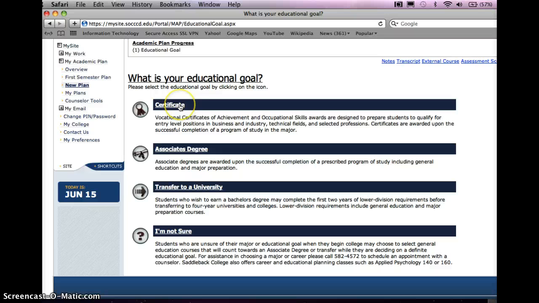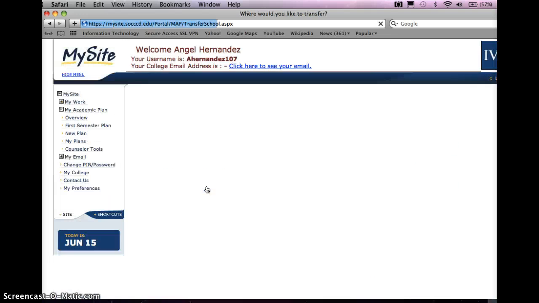One being potentially a certificate, one being an associate degree, another one being transfer to a university, and the last one being not really sure. Based on the responses we got on the discussion board, I'm going to go ahead and do a walkthrough for transferring to a university. So we'd go ahead and click on Transfer to a University.